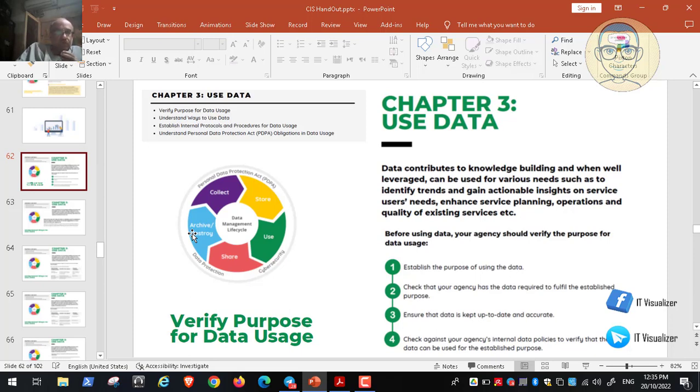Here, data contributes to knowledge building. Of course, the more data you have, the more knowledge you will build. When well leveraged, or well used, you can use it for various needs. For example, identifying trends and gaining actionable insights on service users' needs, enhancing service planning, operations, and the quality of existing services. So you use the data to know, for example, how much users need a certain service.